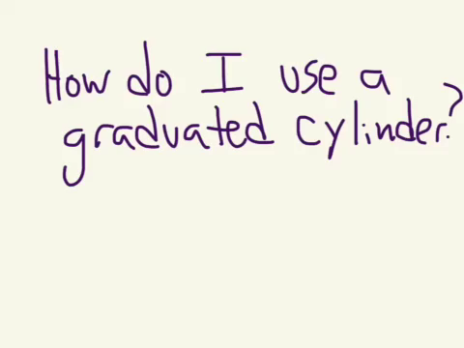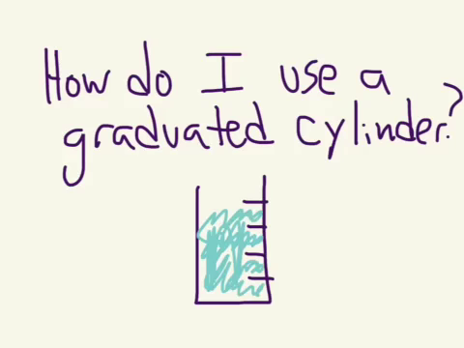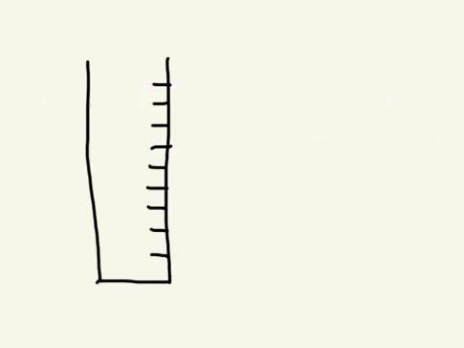Now today you're going to be using graduated cylinders, and we will be measuring different volumes of liquids using this graduated cylinder. So I need you to remember and or learn how to read a graduated cylinder. That's supposed to be a liquid in a graduated cylinder. All right, so a graduated cylinder is a slender tube, usually made of glass, that we put liquids in to figure out the volume of this liquid.